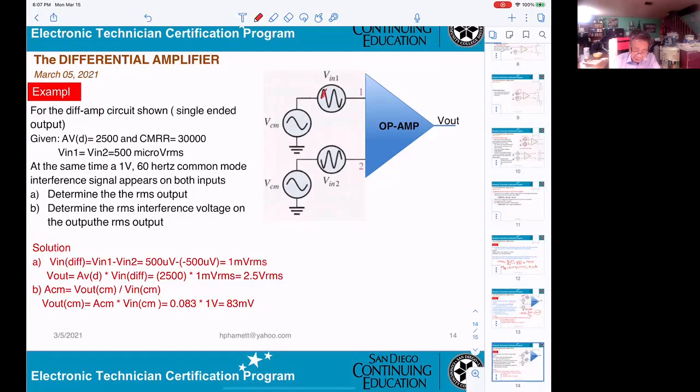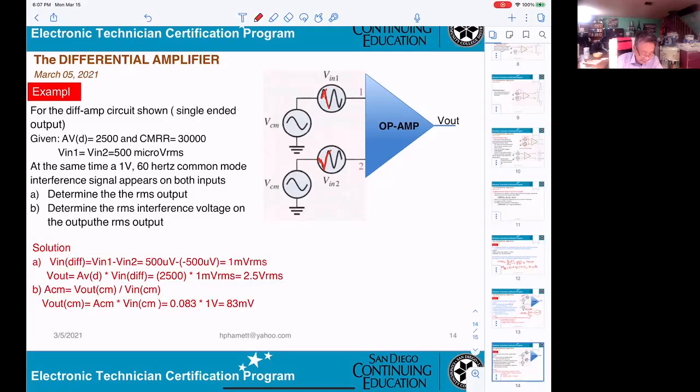This one is going up, this one is going down. They must be 180 degrees out of phase. If they are in phase, with the same value and same frequency, that is considered common.